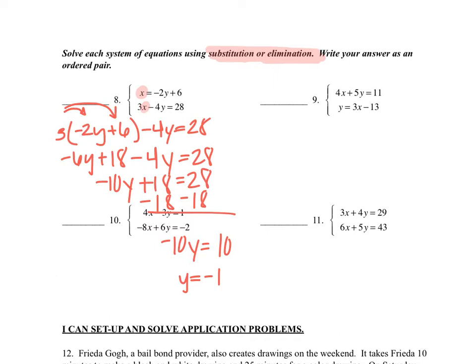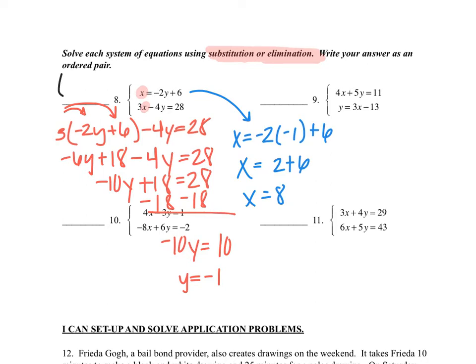Now to find our x, we're going to substitute -1 in for y. So x equals -2 times -1 plus 6. That gives me x equals 2 plus 6, so x equals 8. Now remember, we need it as an ordered pair for our answer.